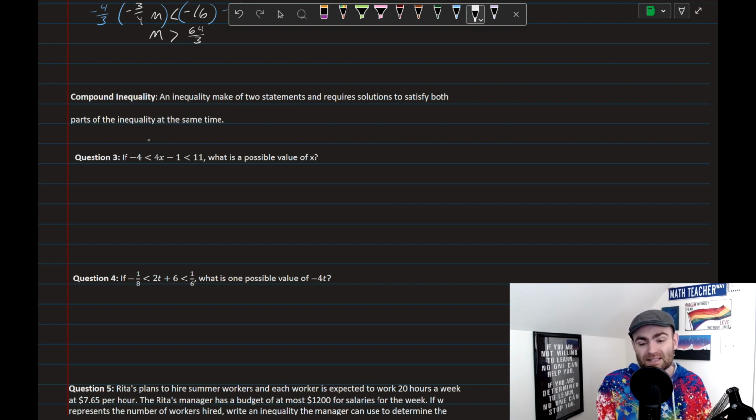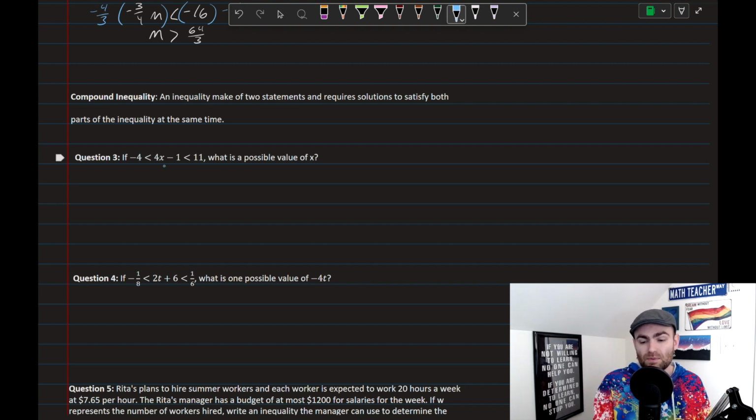So if you look here, we have this compound inequality. We have 4x minus 1 sandwiched in between negative 4 and 11, and we want a possible value of x. Let's get the x alone in the middle. So instead of getting x alone on the left-hand side or the right-hand side, we're going to get it alone in the middle.